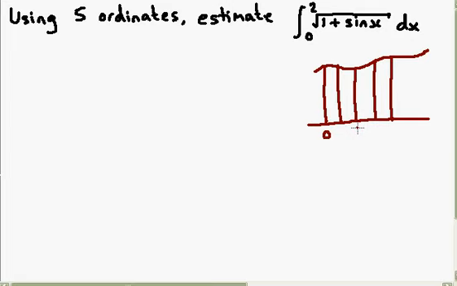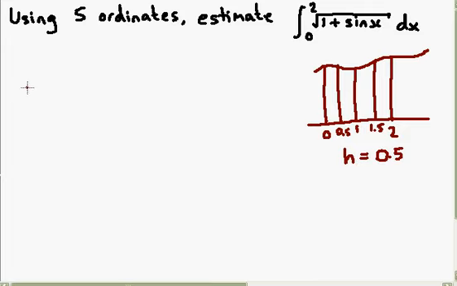And it goes from 0 to 2. So 5 ordinates means 4 strips. So I can figure out what these other points are, so that must be 1, so that's 1.5, and that's 0.5. So that means that the length of the strips is 0.5, and we represent that using h.